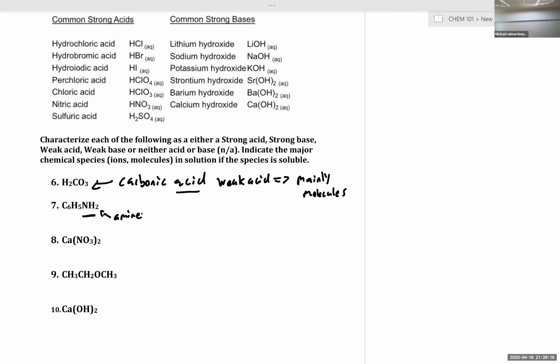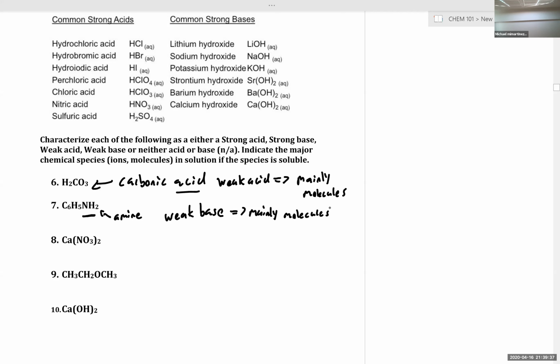Remember from our discussion of acids and bases, this NH2 signifies a base, and more specifically, a weak base. So amines are weak bases, and as a result, in solution, we have mainly molecules.